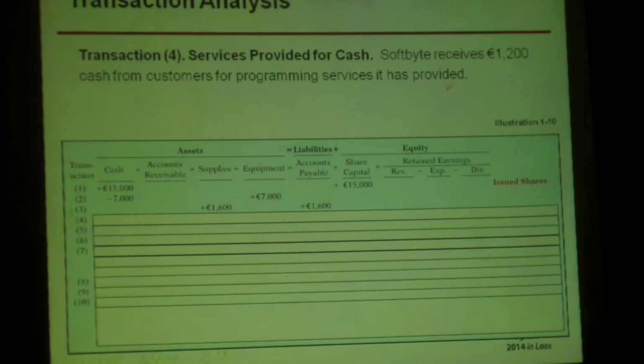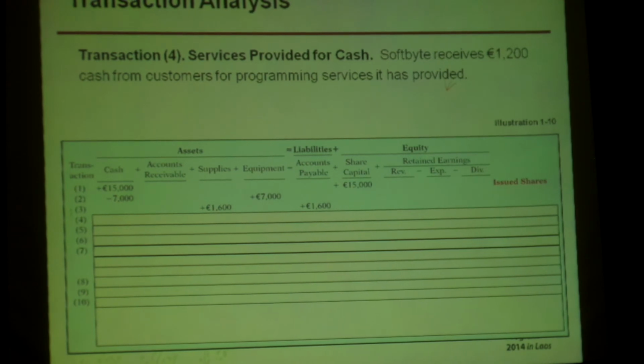Now transaction 4. Okay, the gentleman here. Can you read this? Yes. Service provided for cash. SoftBite receives 1,200 euro cash from customer for programming services it had provided. Did SoftBite perform the service for their customer or not?